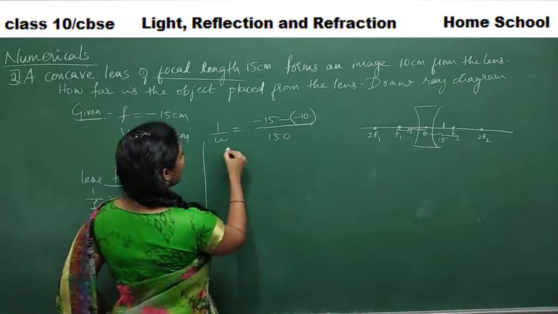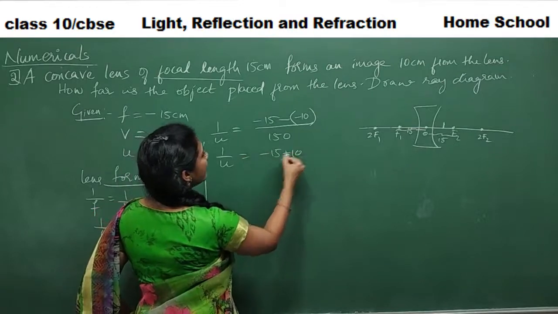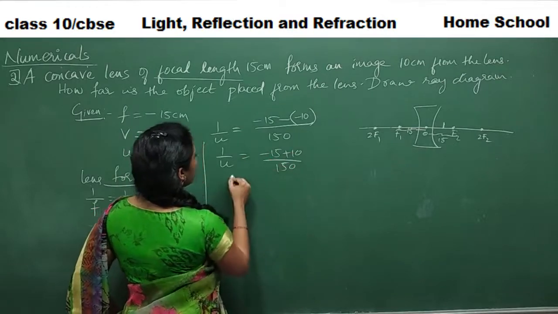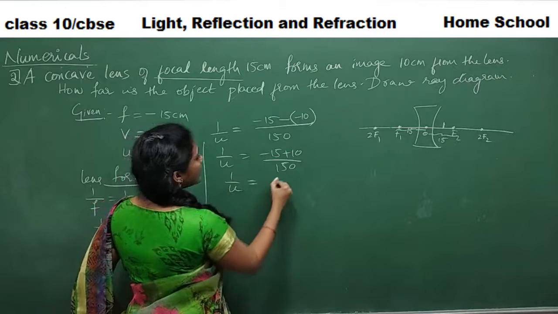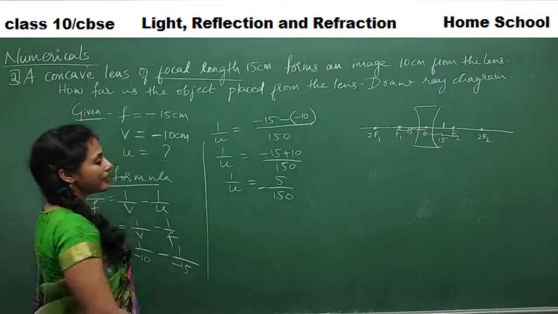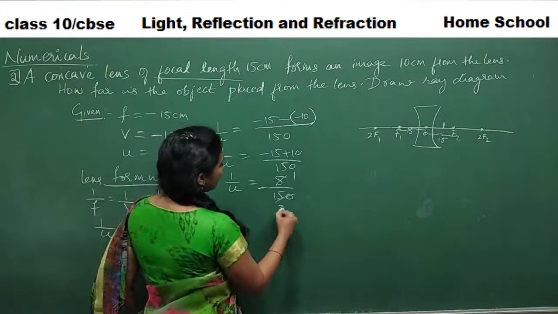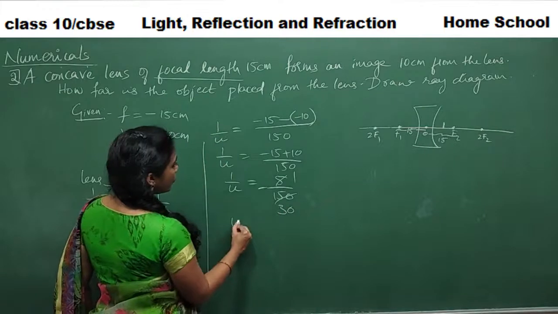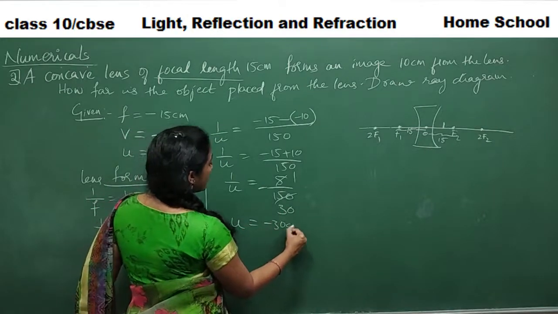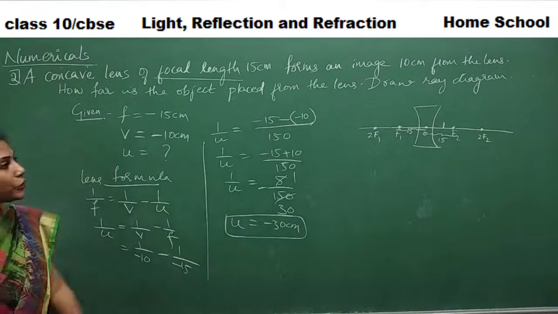So 1 by U is equal to minus 15 plus 10 divided by 150. So 1 by U is equal to minus 5 divided by 150, so it is 5 ones are 5, 5 thirties are 150, 1 by 30. So U is equal to minus 30 centimeter, guys. Okay. So this is our U.